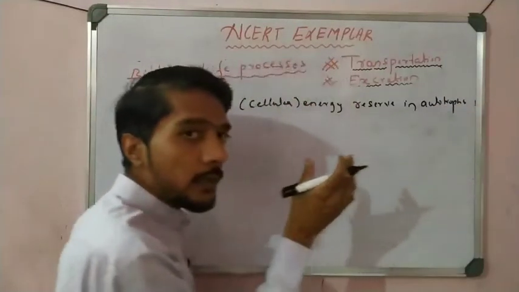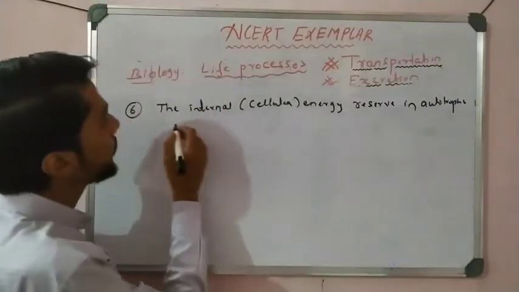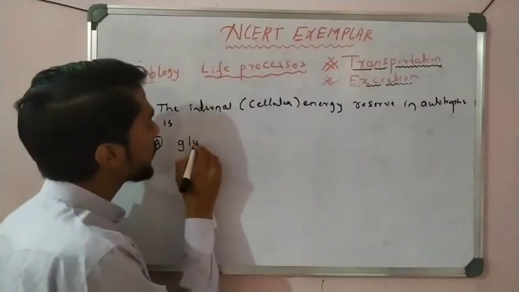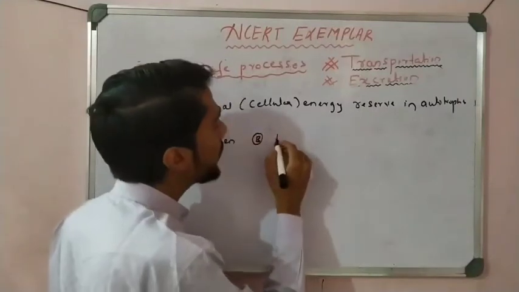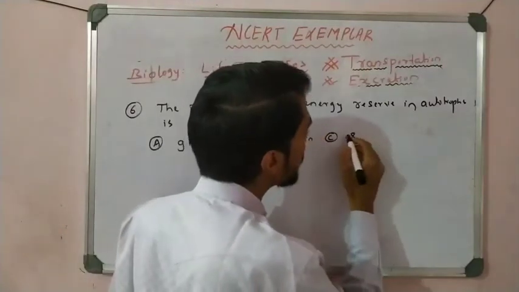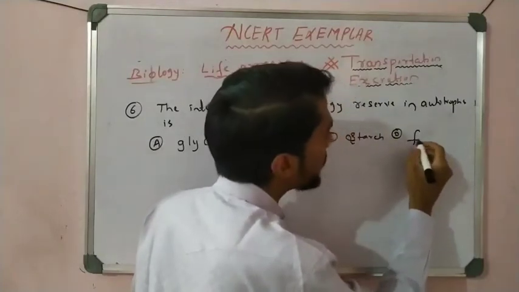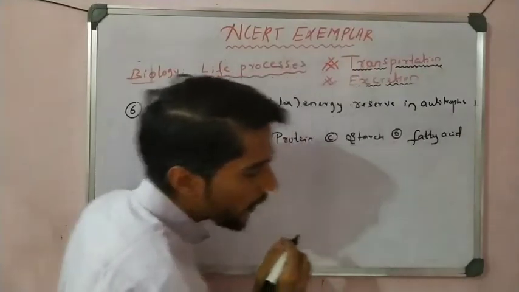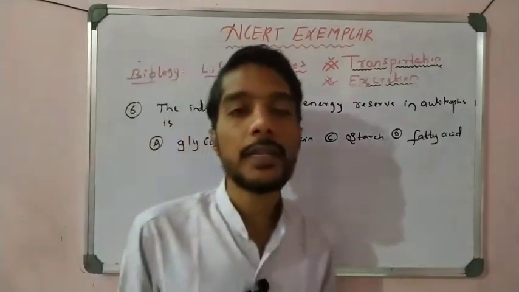We know autotrophs are the organisms which prepare their own food. Option A glycogen, option B protein, option C starch, and option D fatty acid.